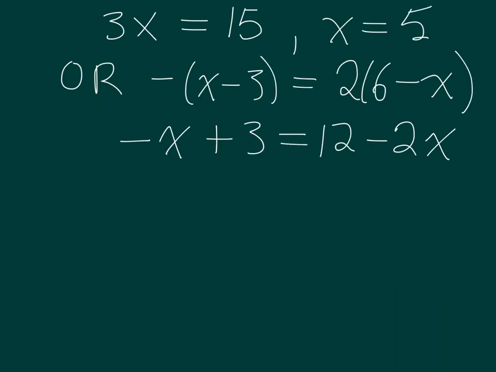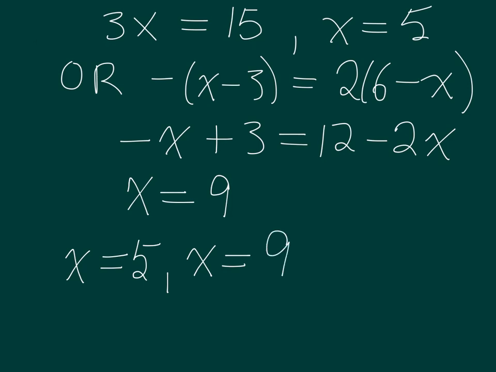Adding 2x to both sides then gives us x, and subtracting 3 from both sides gives us 9, or x equals 9. So in the first case, we found that x is 5, and in the second case, we found that x is 9. And I will leave it up to you to check that both values satisfy the original equation.